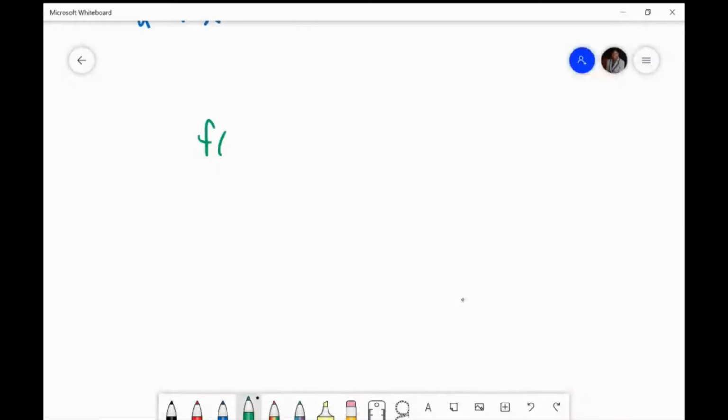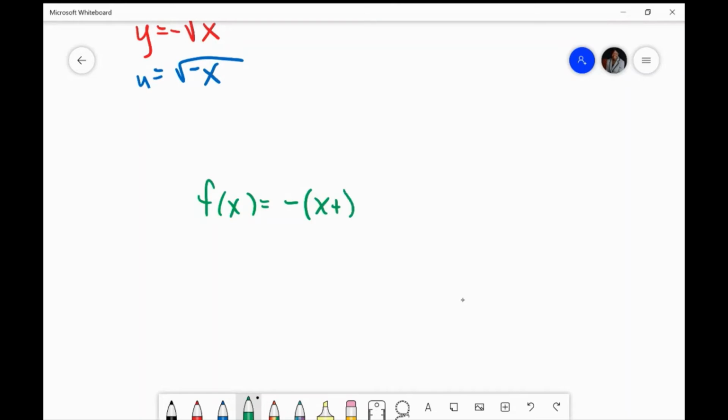All right. So you probably would have written it f of x equals negative parenthesis x plus 2 squared plus 1. That's the horizontal shift here. This is the vertical shift. And that negative represents reflection over which axis?